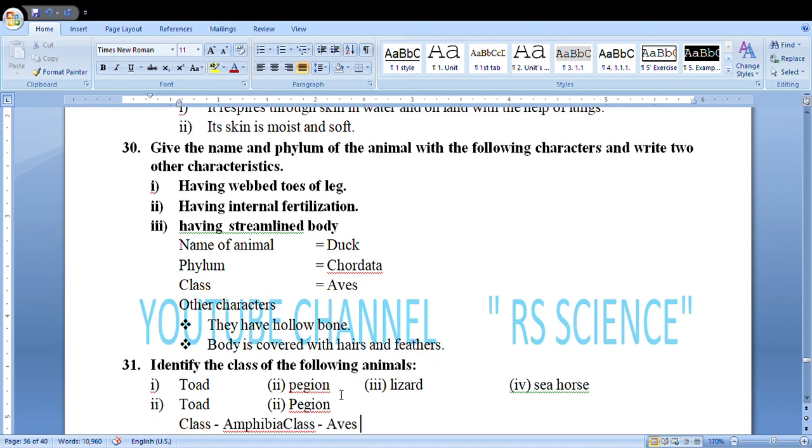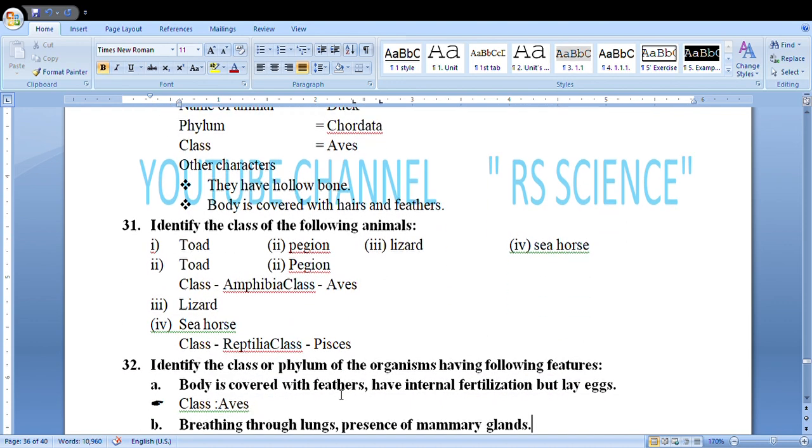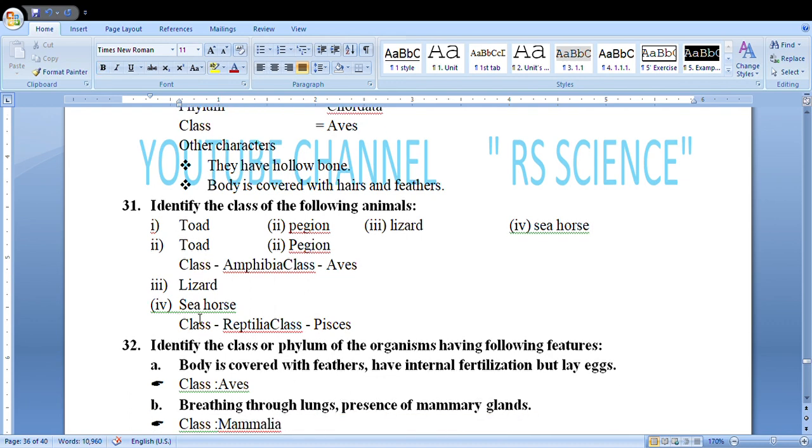Identify the class of the following animals. Toad, class Amphibia.